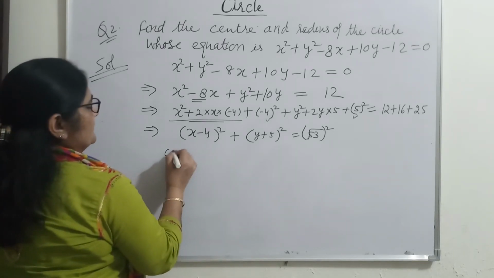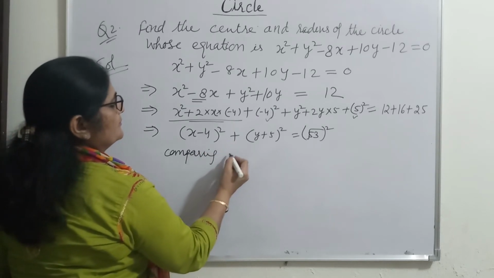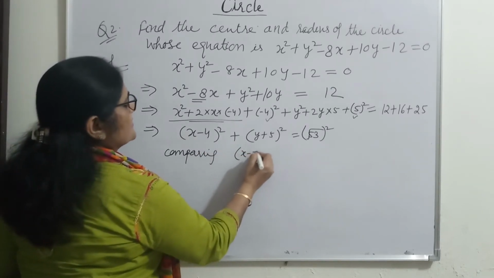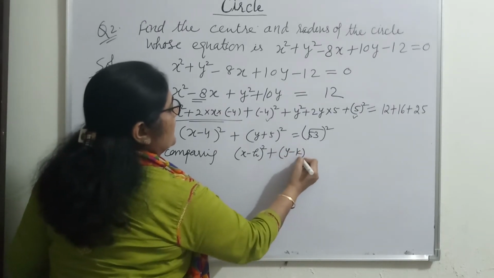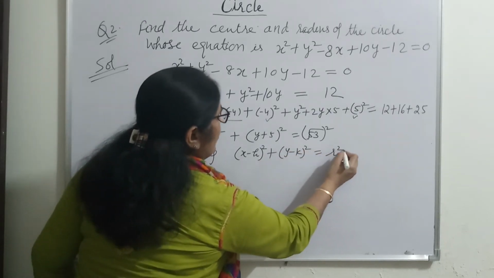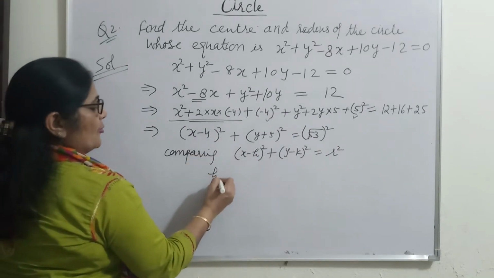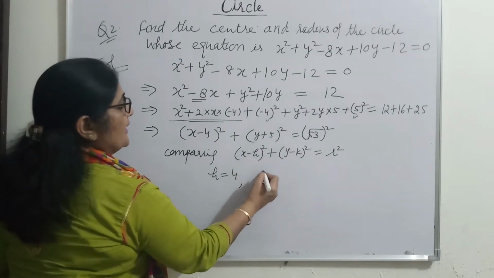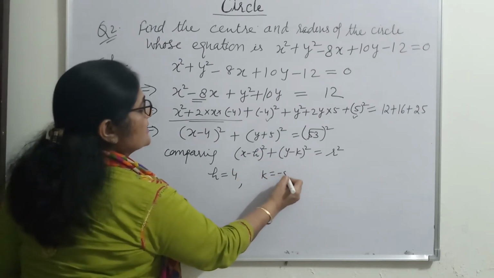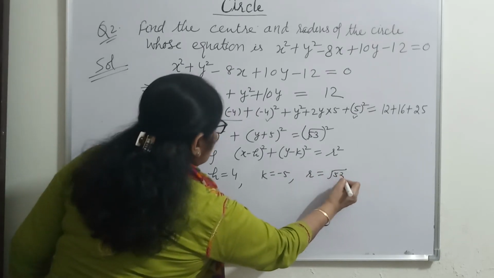Now, comparing with the standard form, (x minus h) whole square plus (y minus k) whole square is equal to r square, as you compare, you can see h is 4 and minus k is 5, so k is minus 5 and r is root 53.